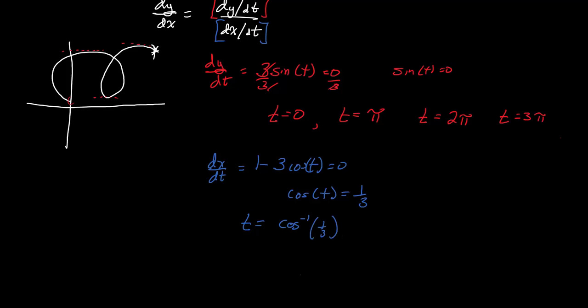Then we add and subtract that value to 2 pi. So we have another circumstance where t equals 2 pi plus cosine inverse of 1/3, and our last point at 2 pi minus cosine inverse of 1/3. So those are our 3 solutions to when our denominator equals 0.